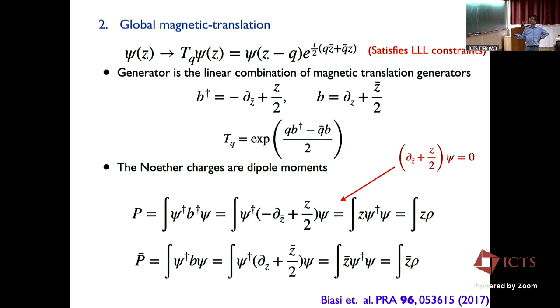And then you use the lowest Landau level constraint to simplify that. And then basically i∂Z multiplied by rho and i∂Z bar multiplied by rho are conserved. So that is a microscopic way to derive the conservation of dipole moment. So we have the conservation of charge and conservation of dipole moment.